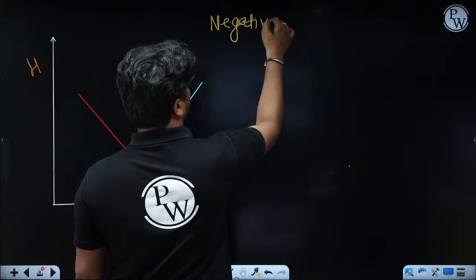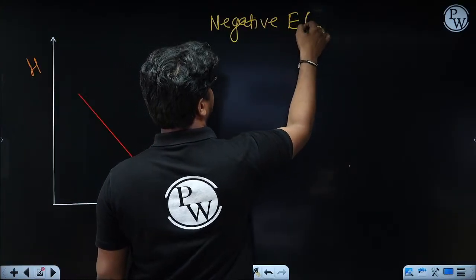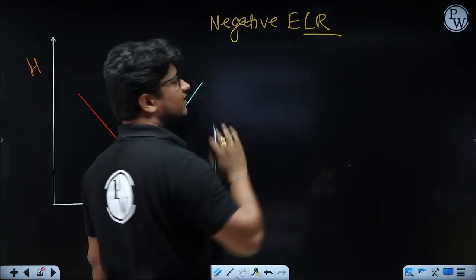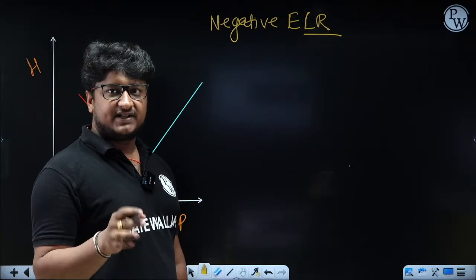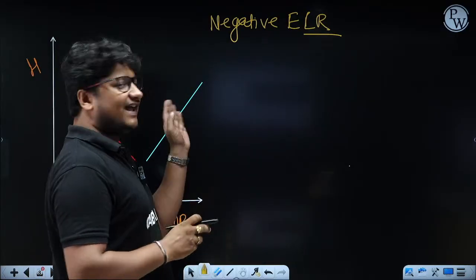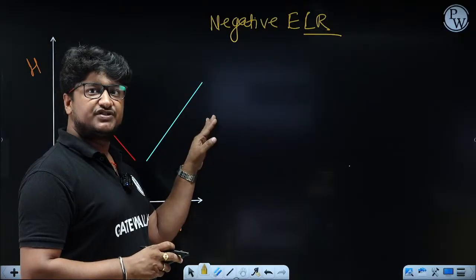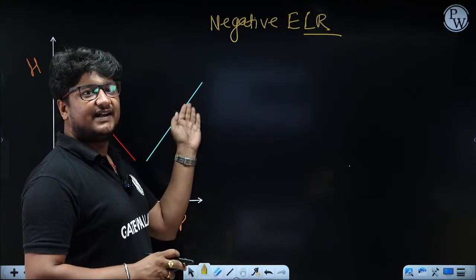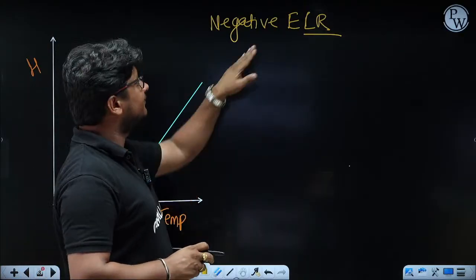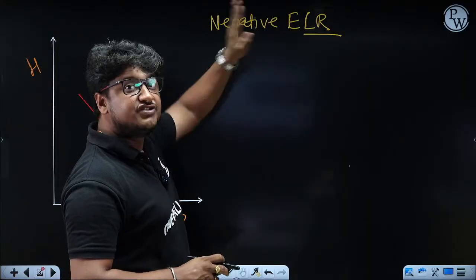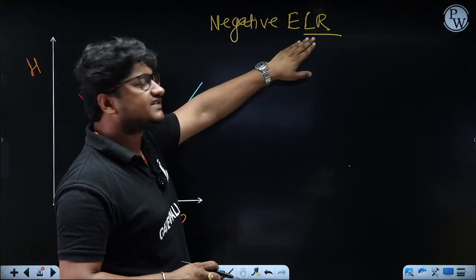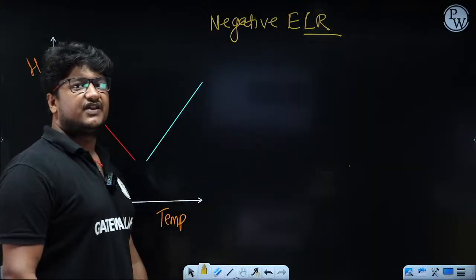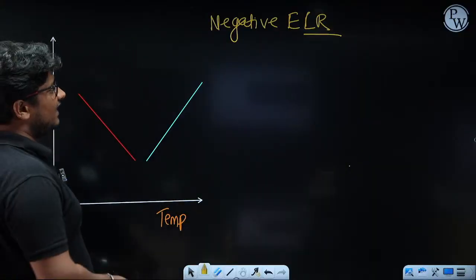Negative ELR case. Remember, actually the value you are going to get is positive here. So sometimes students get confused here. Actually the value you are going to get for ELR is positive because as you are increasing the height, the temperature is increasing. But as it is opposite from the previous two cases which we have discussed, this is something we have given the name negative ELR.